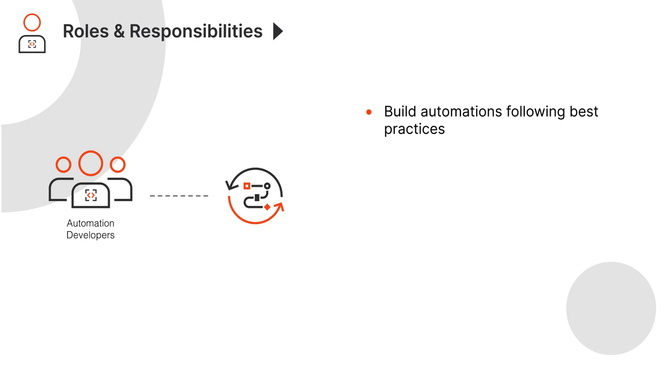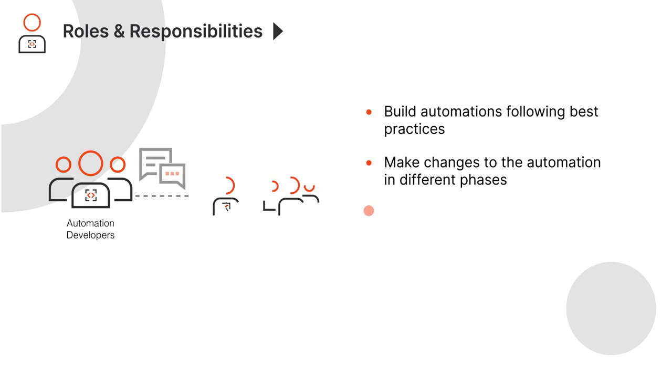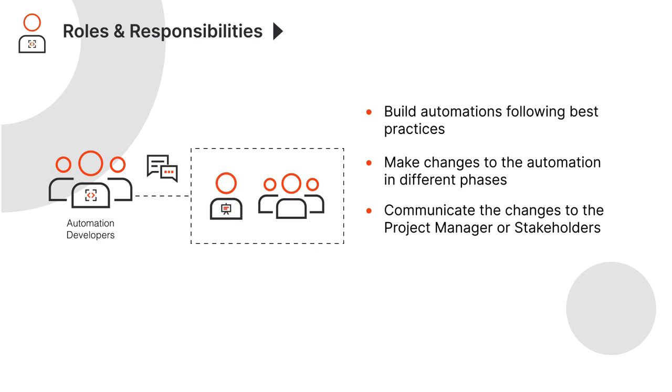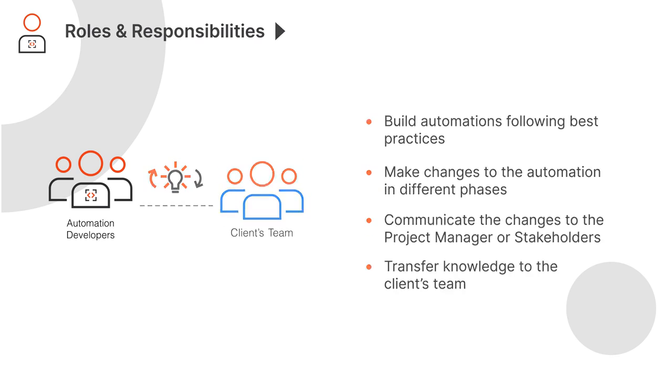Further, they're responsible for making changes to the automation during the development, testing, and hypercare phases, and communicate the changes to the project manager or related stakeholders accordingly. They must also conduct knowledge transfer sessions with the client's team to ensure a smooth transition at the end of the engagement.